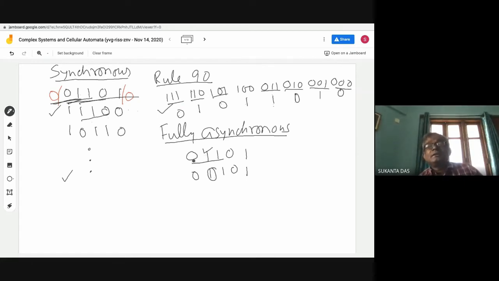Say, at the next time step, suppose this cell is chosen. Then what will happen? I am using null boundary condition. So here there is a 0, so I get 0 0 1, right? 0 0 1 is 1, so I write 1. So it's 1 1 1 0 1.